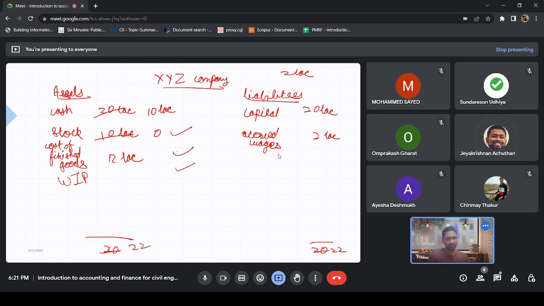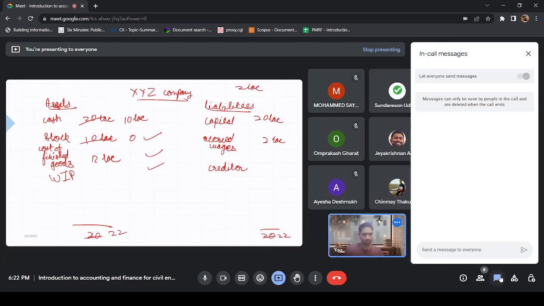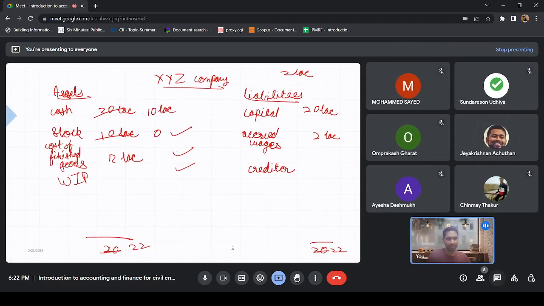So can you see that all the expenses that you have to pay, let's suppose this is accrued wages or some creditors, that would be your liability, but these are going to be your assets, and increase in assets is debit, that we discussed. So I hope it is a little bit clearer.